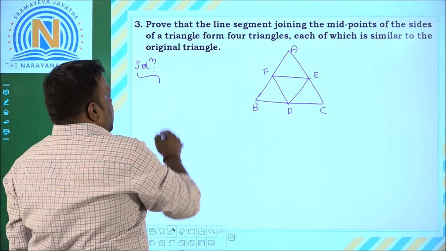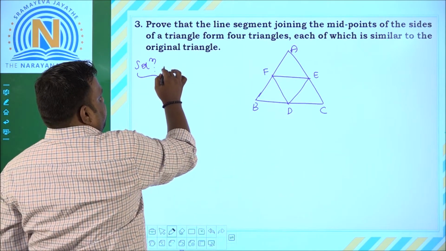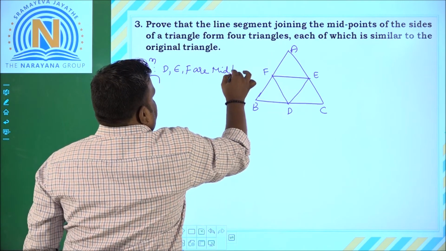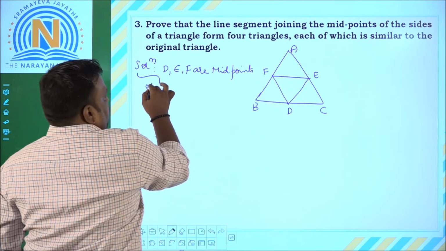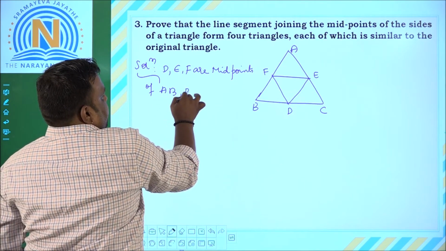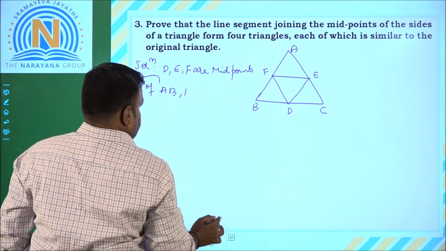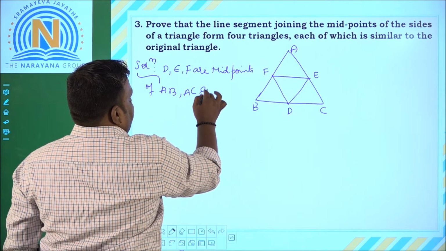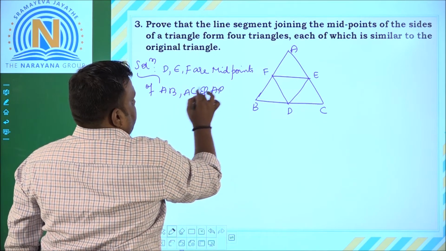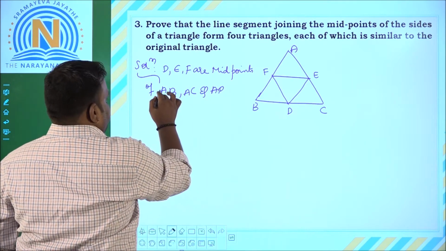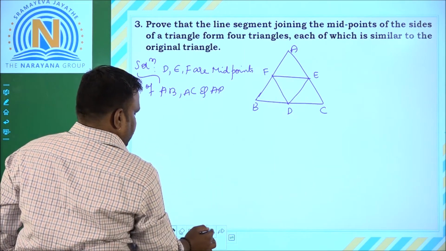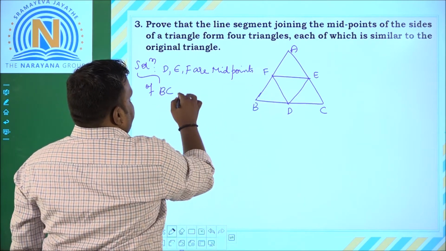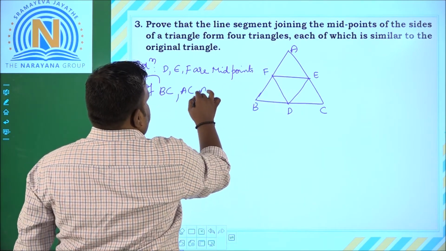Now the given part is already known, so just write D, E and F are the midpoints of BC, AC and AB.